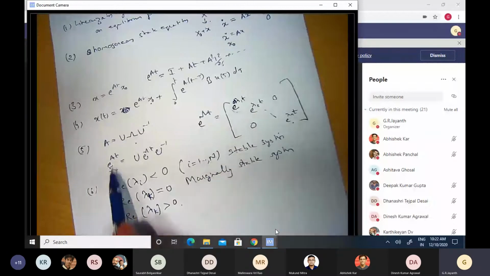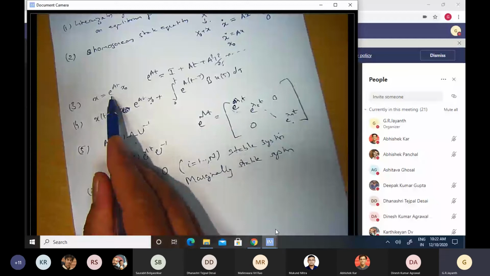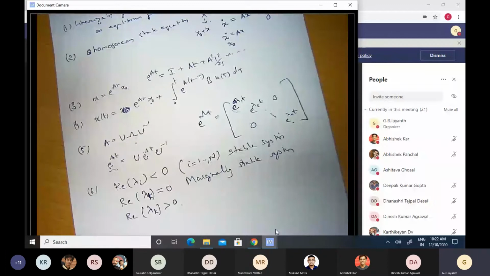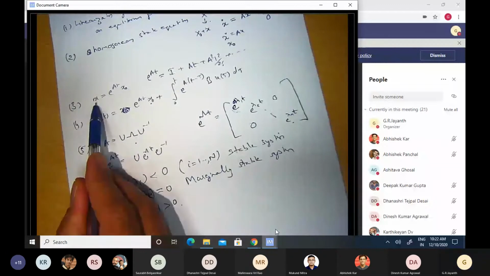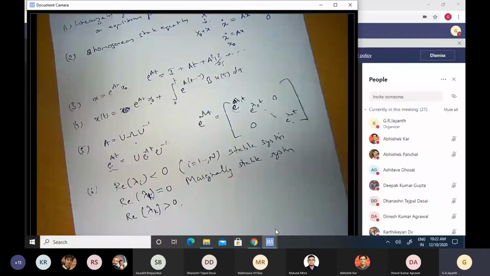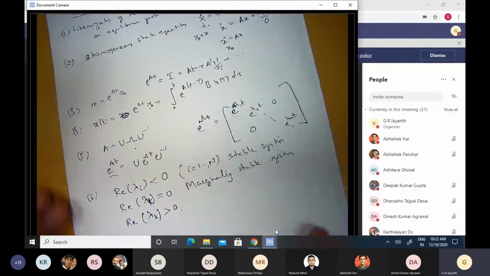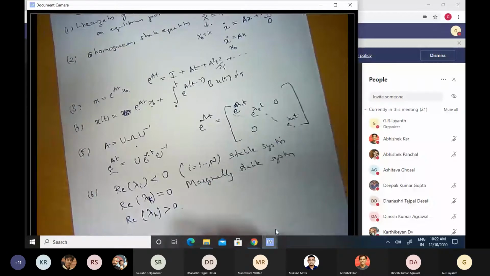And when I write out my solution as e to the power At times x0, I will have increasing exponentials as part of one or more of my responses x of t. And that means that the system states blow up as a function of time, or they move away from the equilibrium point. Such a system is quite naturally called an unstable system.